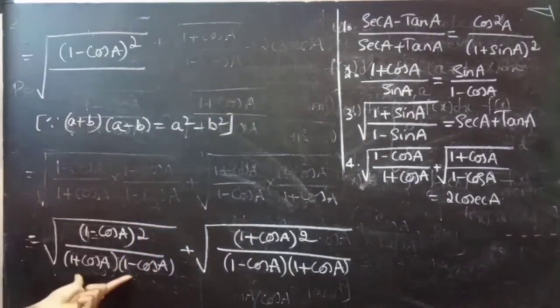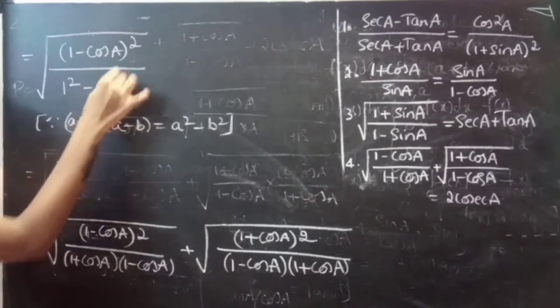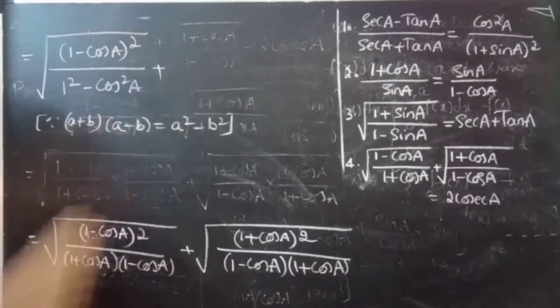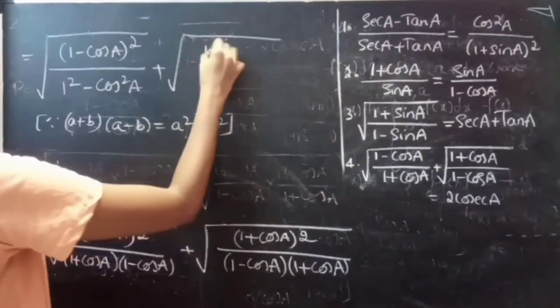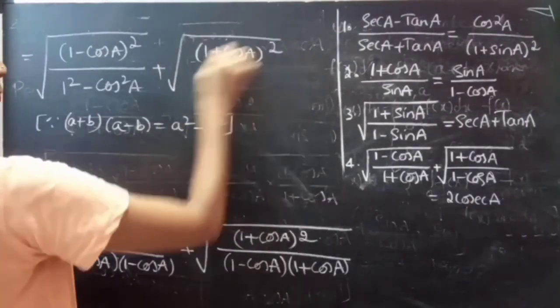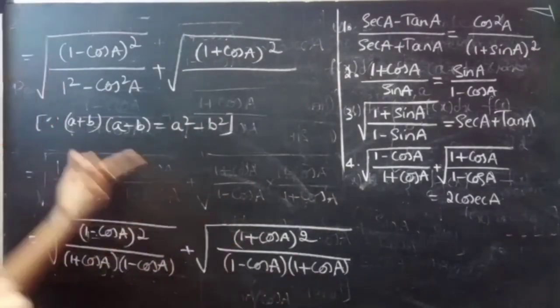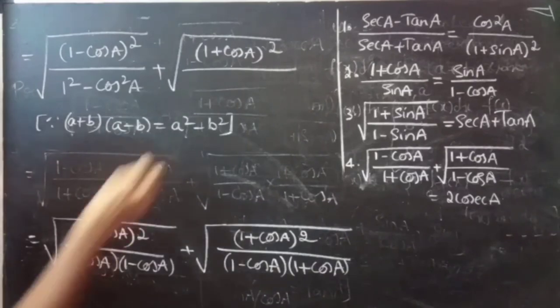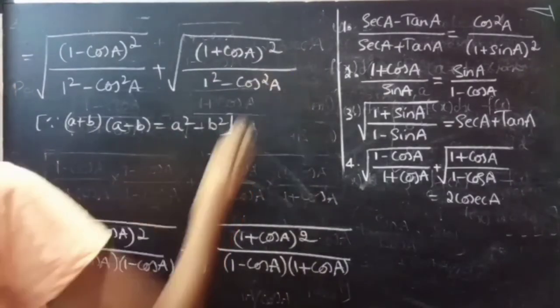So we can write it as 1 square minus cos square A, plus square root of (1 plus cos A) whole square divided by (A minus B) into (A plus B). Again, you will use the same formula. So 1 square minus cos square A.